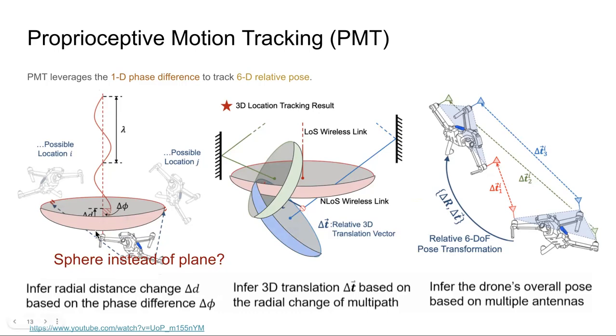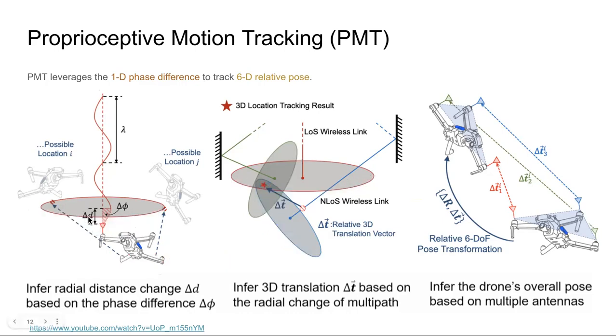All the possible locations of the drone should lie on the sphere, with the access point as the centroid, so it should be a sphere instead of a plane, right? In the plane, the distance from this point to this one is different from this point to that point, and the phase differences are different.